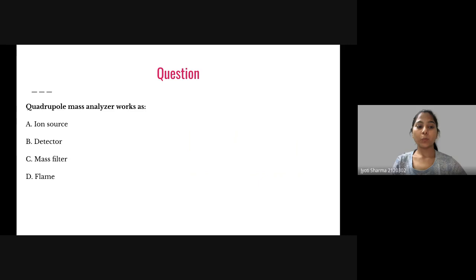Okay. So we have mass analyzer that is known as quadrupole, and this works as ion source, detector, mass filter, flame. I think from the name only you can give the answer for this. So we have mass analyzer in mass spectrometer, and what is the work of this mass analyzer?